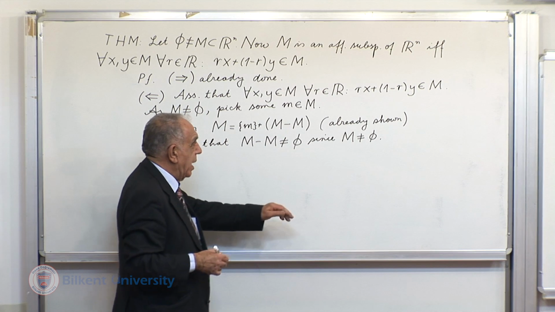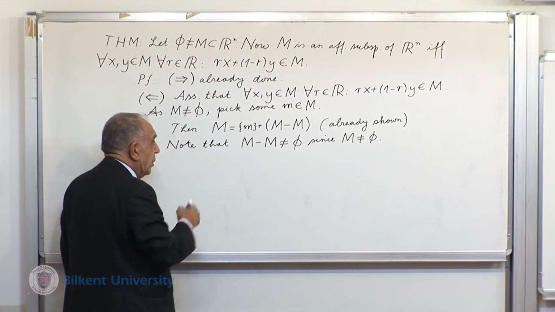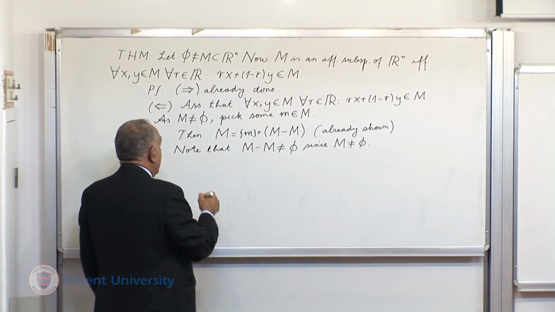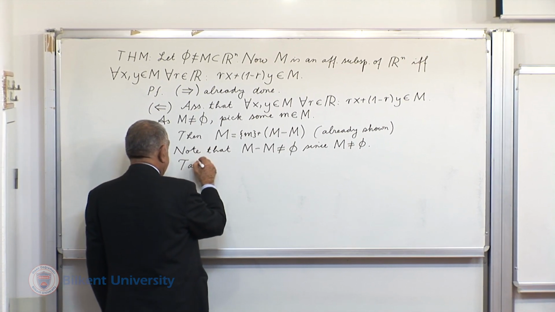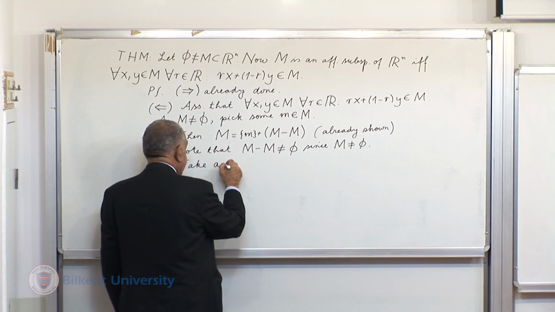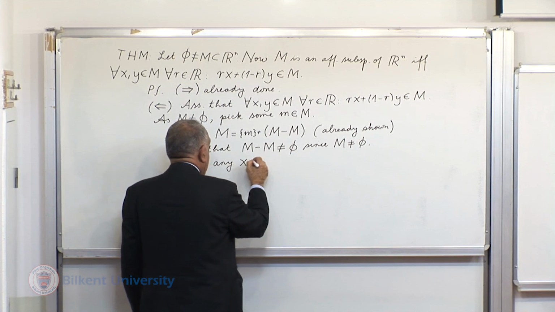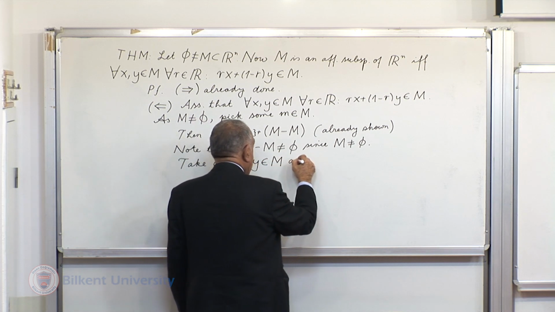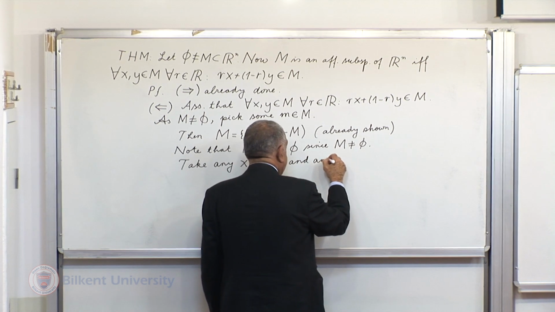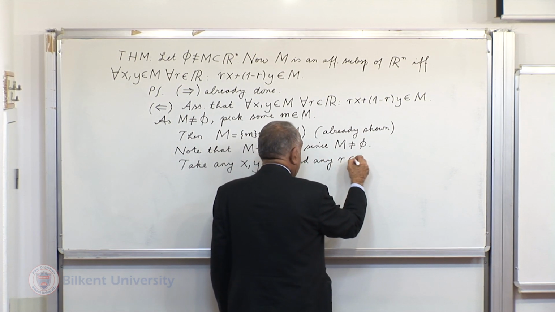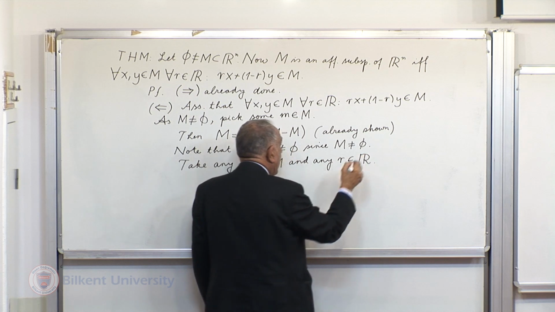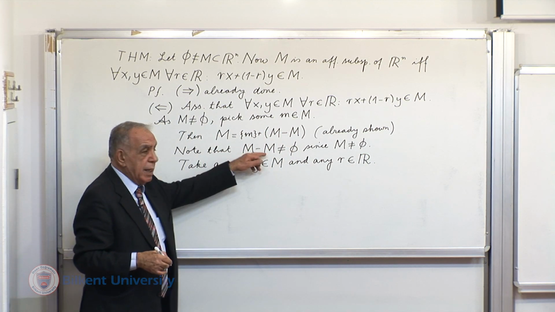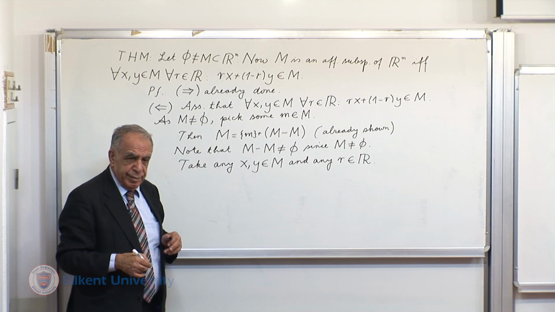But that we do not need. So this suffices. Now take any x, y in M and any r in R. We need to show that r times (x minus y) is in M minus M. Okay?